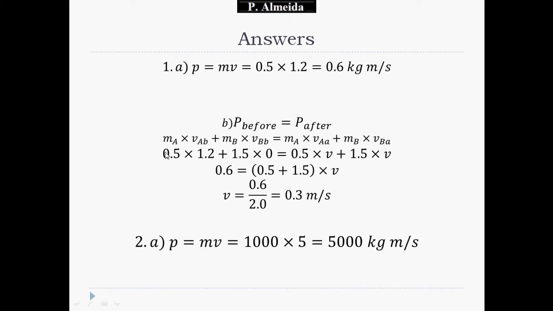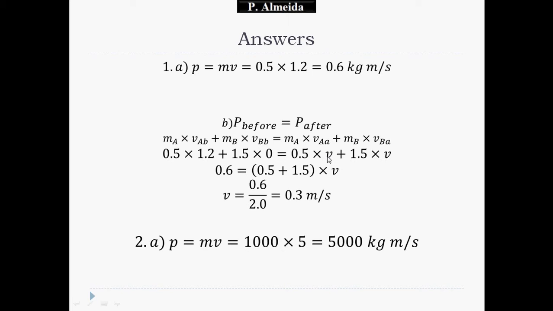So, mass of trolley A, 0.5, times velocity before the collision, 1.2, plus mass of trolley B, 1.5, times velocity before the collision. The exercise says it was stationary, so I get 0. Equals mass of trolley A, 0.5, times velocity after the collision.